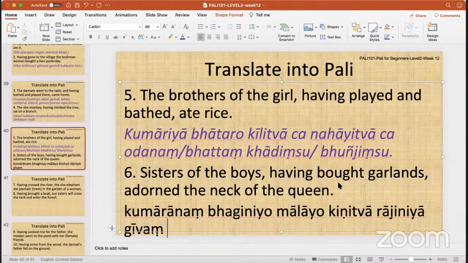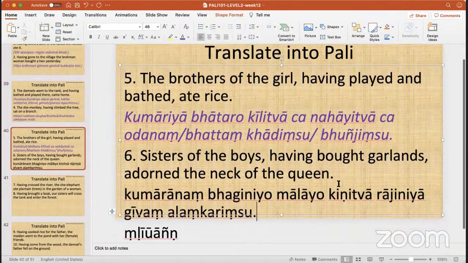Adorned. So it should be corresponding with the subject here. Alankarinsu, Bhaginyo, right? Alankarinsu.